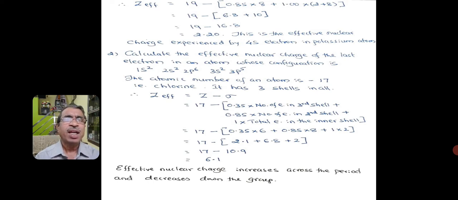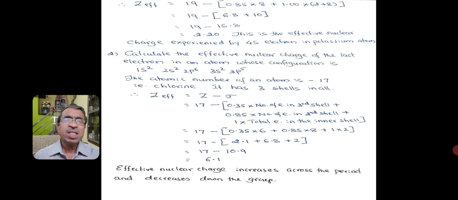That's why we say 0.35 into 6. And inside of this third shell, that is the second shell, how many electrons do we have? 8 electrons are there. Therefore, it is 0.85 into 8.